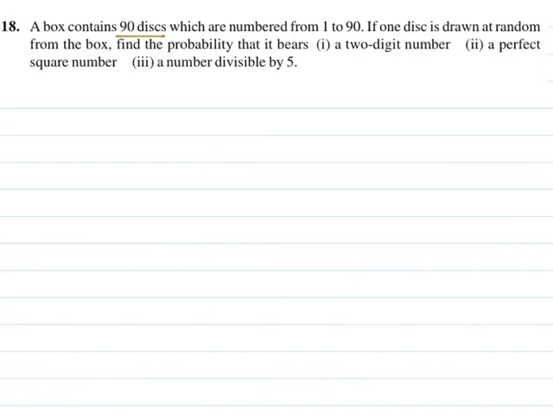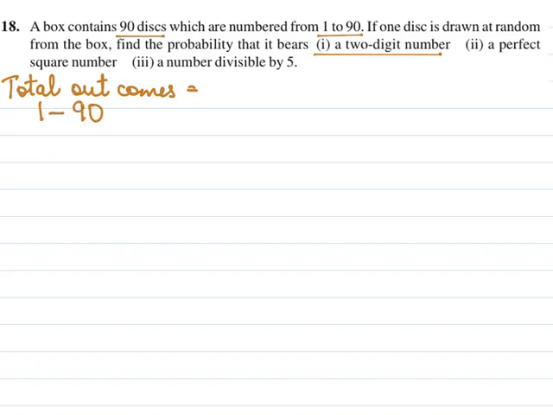A box contains 90 discs, which has numbers 1 to 90. If one disc is drawn at random from the box, find the probability that it bears a 2-digit number. So first we will see total outcomes as always. Total outcomes.